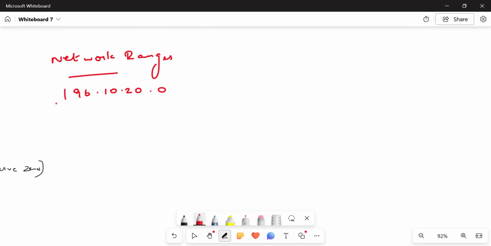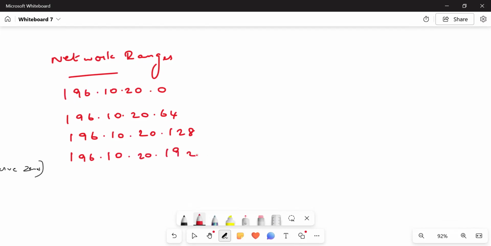The next subnet is 64, so 192.10.20.64. Again we add 64: 192.10.20.128. Again: 192.10.20.192. So this is our first subnet, second subnet, third and fourth.